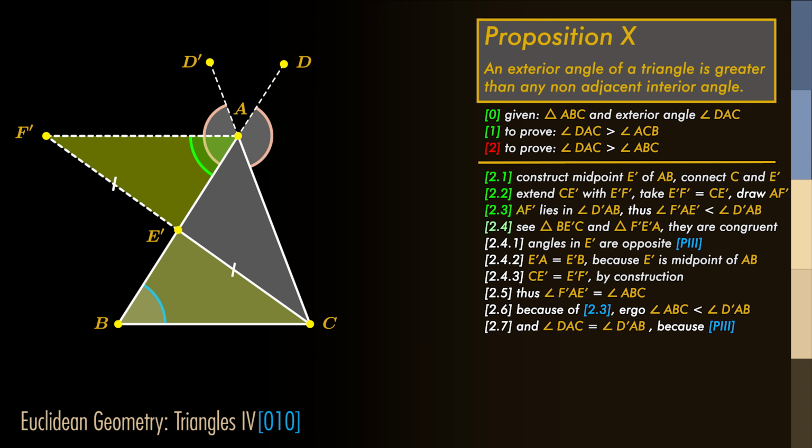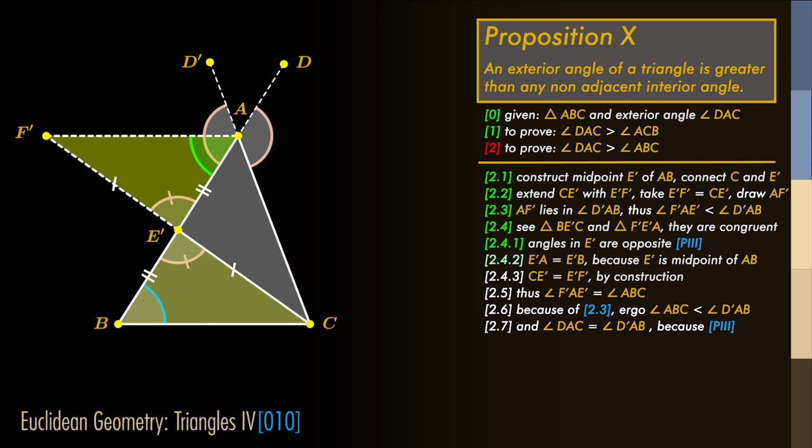Consider the triangles B E prime C and F prime E prime A. We can conclude in the same way that they are a side angle side congruency case. The angles in E prime are opposite angles.